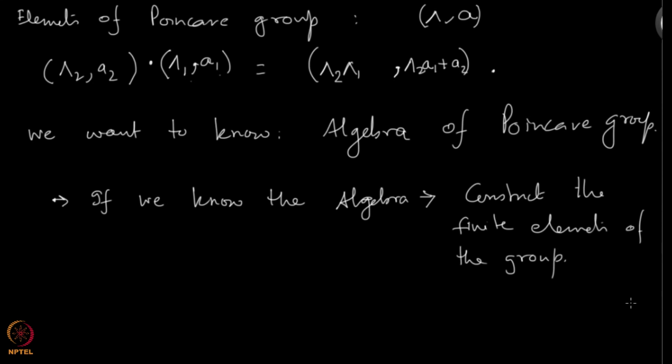Because, for example, you remember in Lorentz transformations you also have parity and time reversal, and those you will not get by using the rotation and boost generators. They cannot produce parity transformation, but you will be able to produce all the elements of the group which are connected to identity by using the generators. Okay. So that is why the algebra is important, and we will look at the Poincare group and its algebra in the next video.